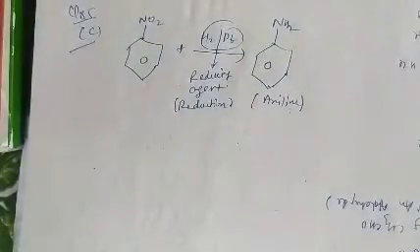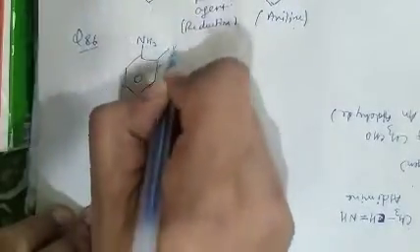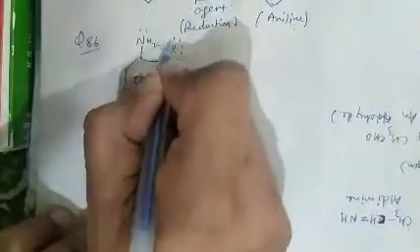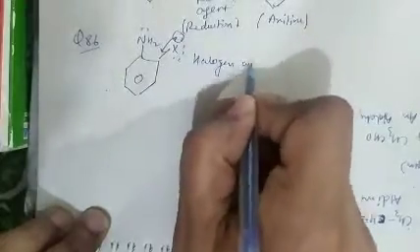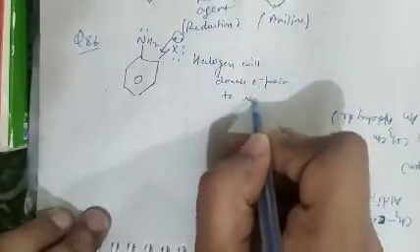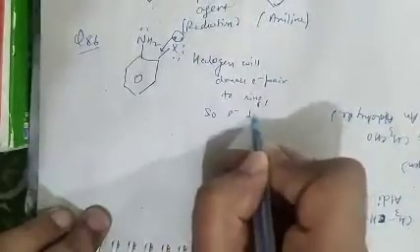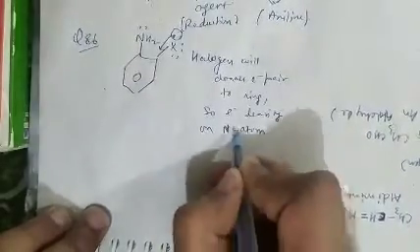See question number 86. In question number 86, what is given there? The question is, in the presence of a halogen atom in the ring, the basic properties of aniline. As we can see that this is the NH2 group. When halogen is added, the halogen will donate an electron pair to the ring, so the electron density on the nitrogen atom will increase.